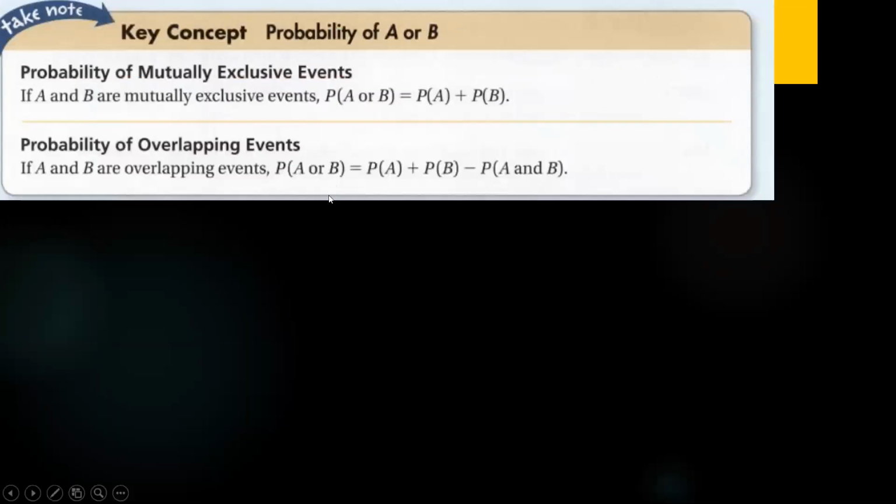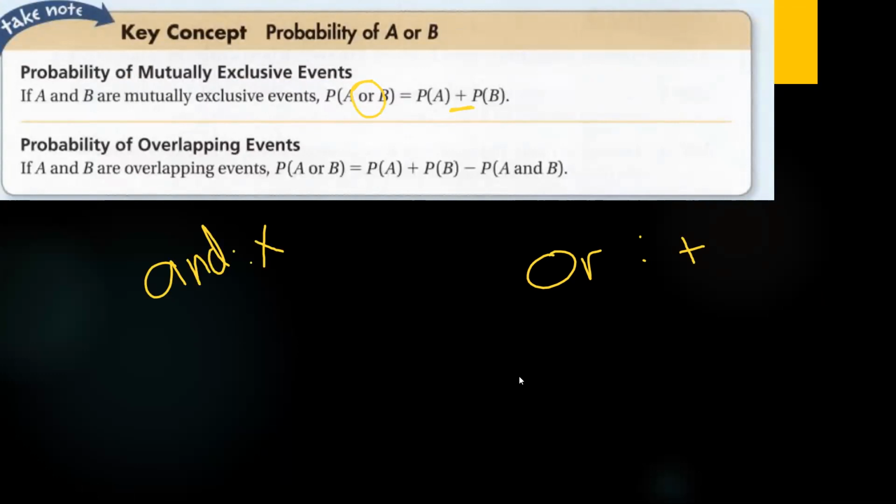As you see, the probability of mutually exclusive events, A or B, will be the probability of A plus the probability of B. In the science of probability, be careful: "or" means plus, and "and" means multiply.